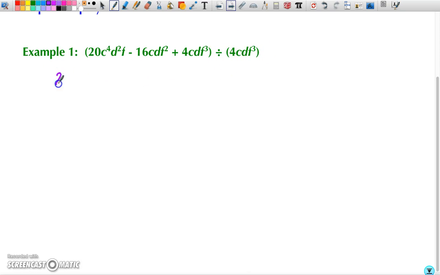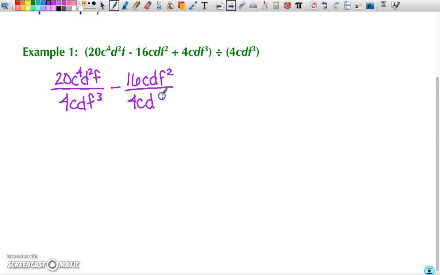So I'm going to take 20c to the 4th d squared f, and I'm going to put that over 4cdf cubed, minus 16cdf squared, also over 4cdf cubed, and then plus 4cdf cubed over 4cdf cubed.